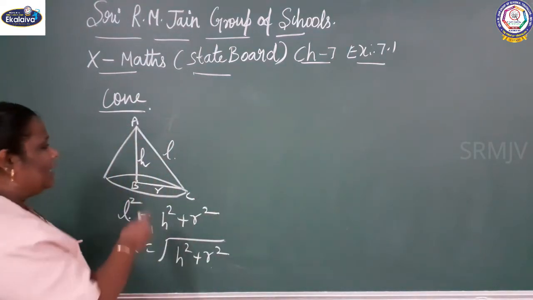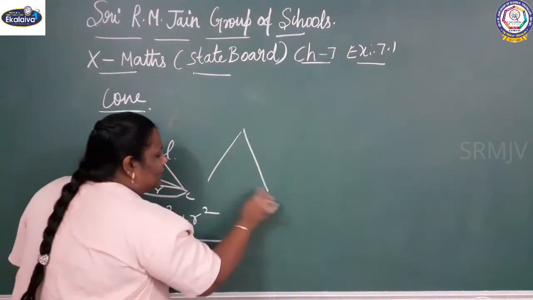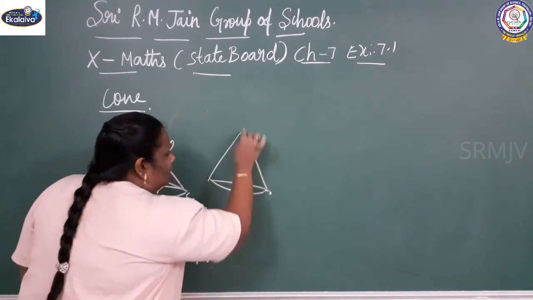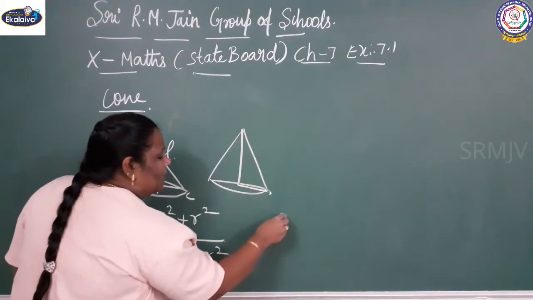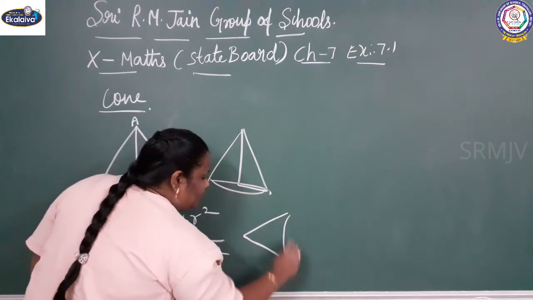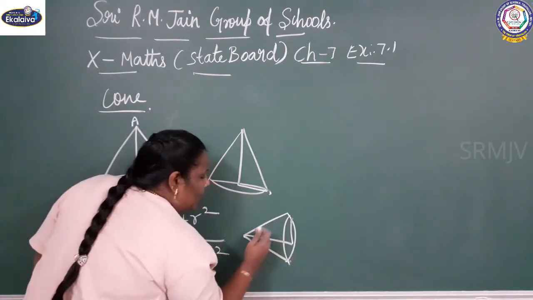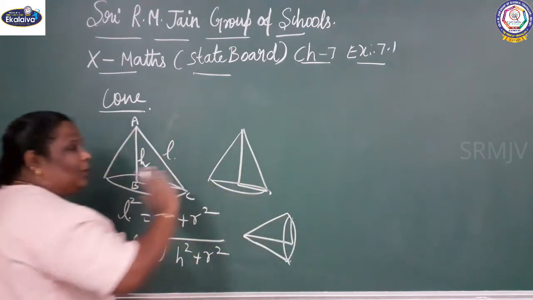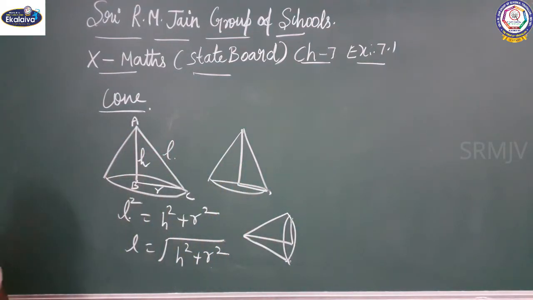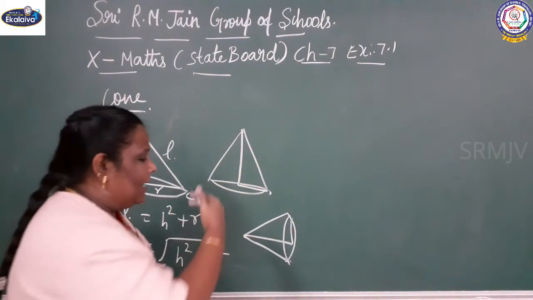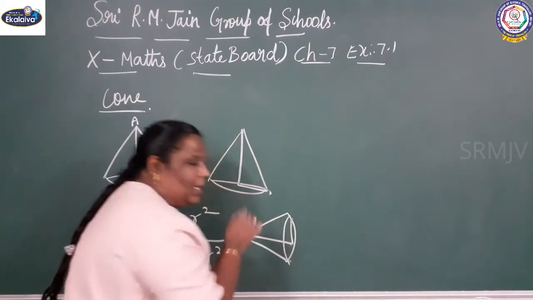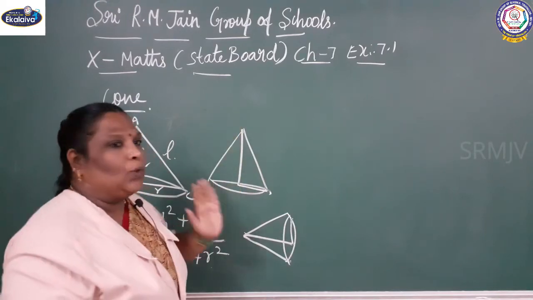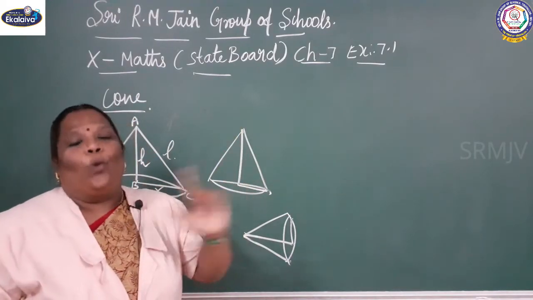If it is like this, it revolves along the y-axis, and if it is like this, it revolves along the x-axis. And this cone revolves along the y-axis.